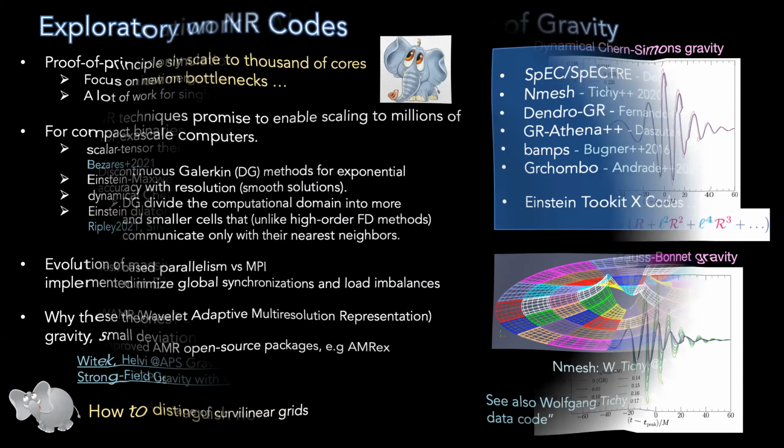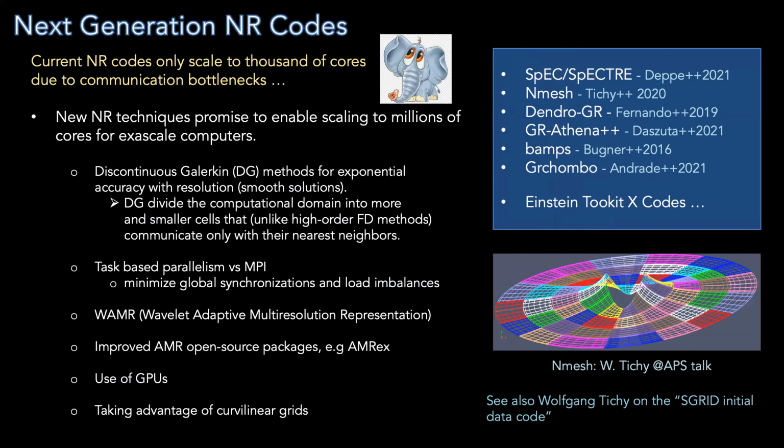So I'm going to speak a little bit now about next generation numerical relativity codes. As you recall, in one of my slides, I had many of these codes listed. A few of them, though, can be brought into the category of next generation codes.